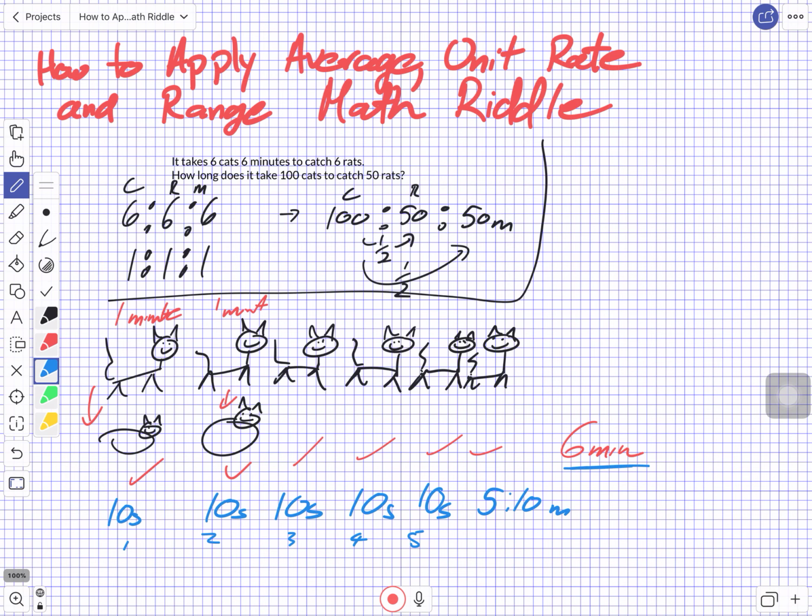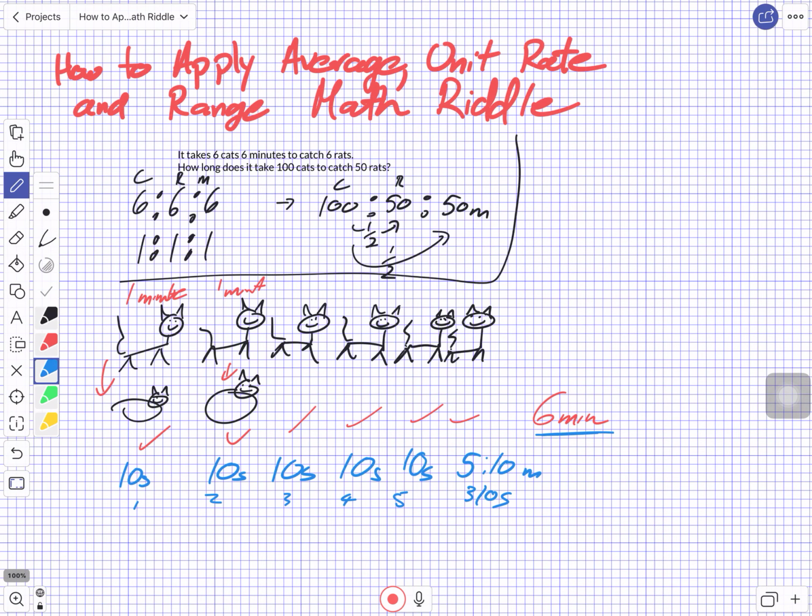And if we were to average this all out, this ends up actually being 310 seconds. If we were to find an average of all this, we're looking at 10, 20, 30, 40, 50 plus 310 is 360 seconds divided by 6, because there are 6 cats, which equals 60 seconds. And that's your 1 minute average.